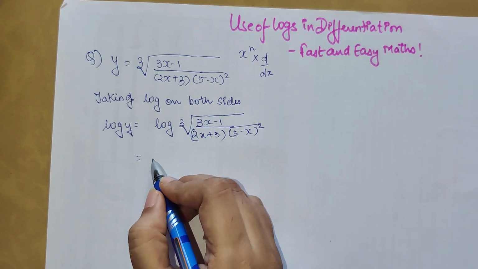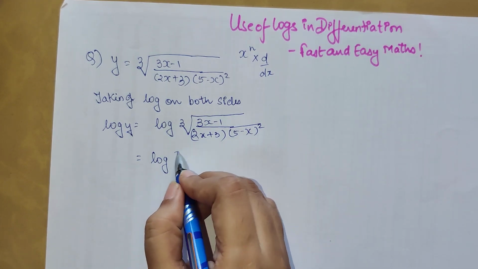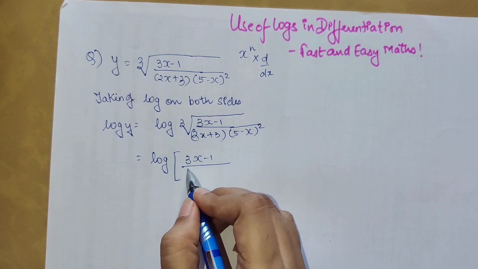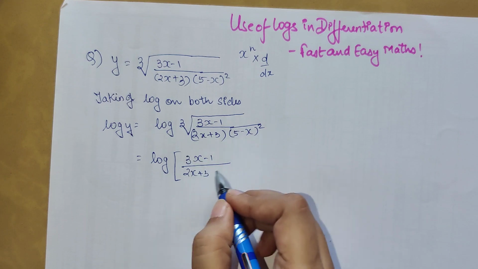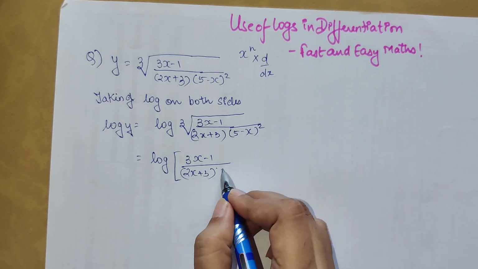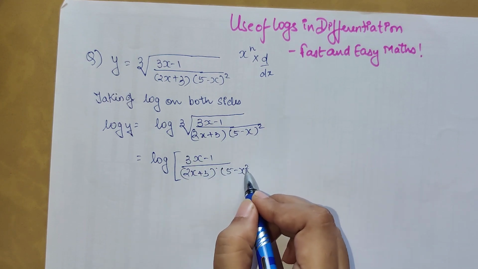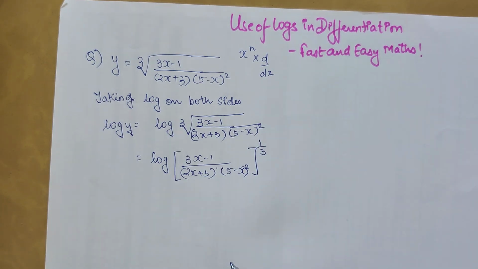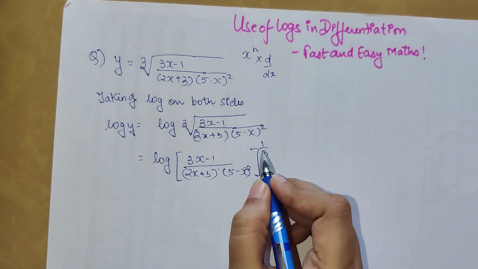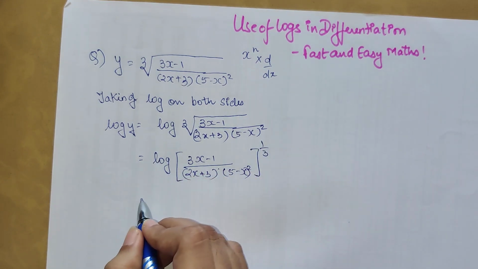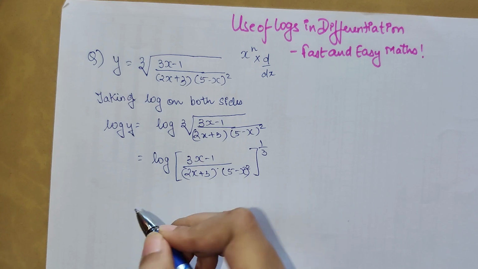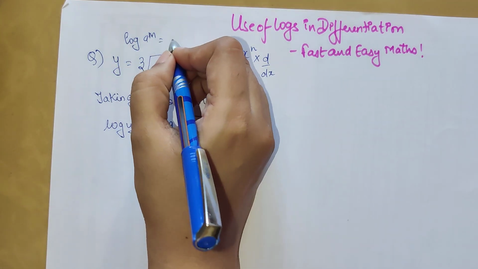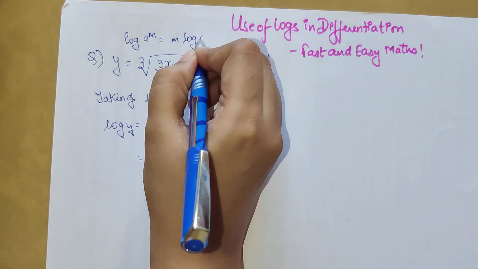Can I say that this is nothing but log of [(3x minus 1 upon 2x plus 3) into (5 minus x) the whole square], the whole raised to 1 upon 3? Correct? This is an index which can be taken ahead, because as we know, log of a raised to m is equal to m log a.